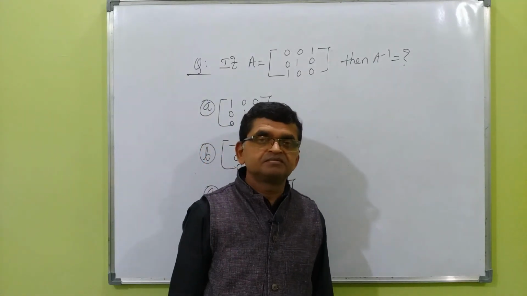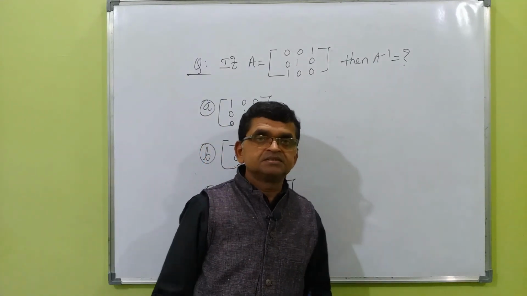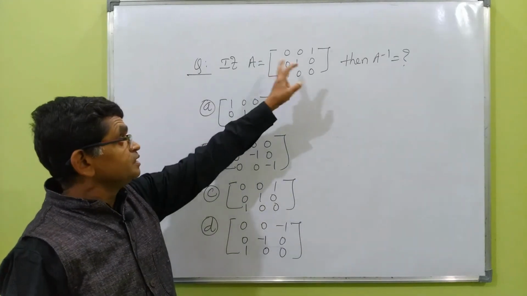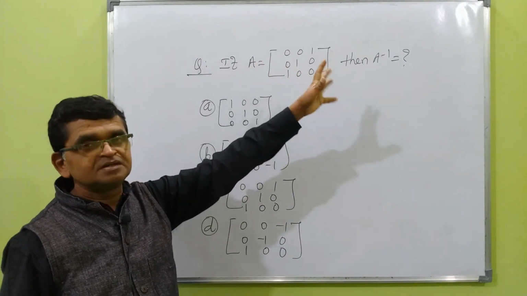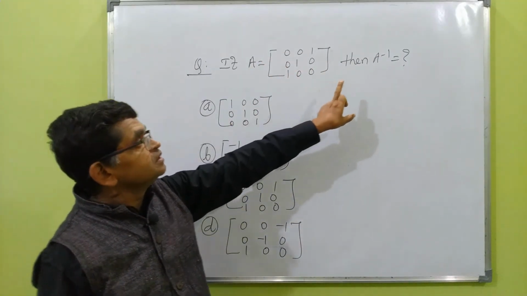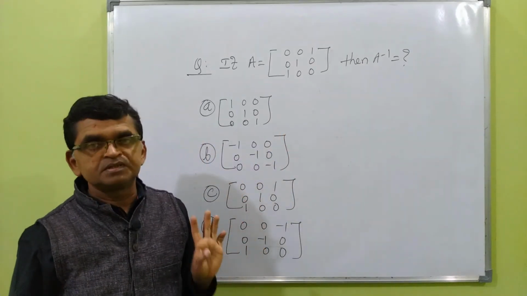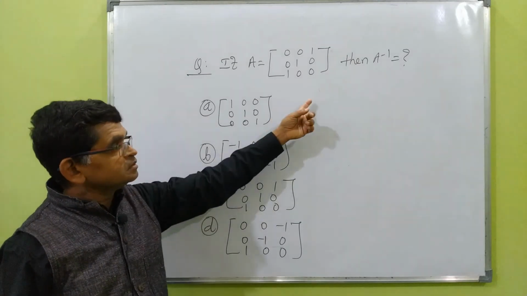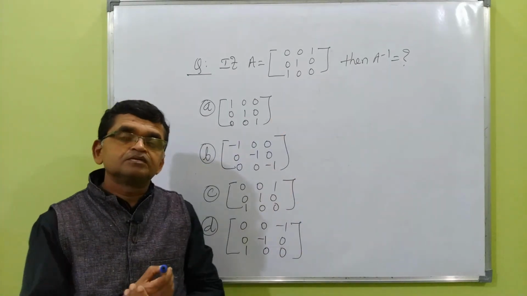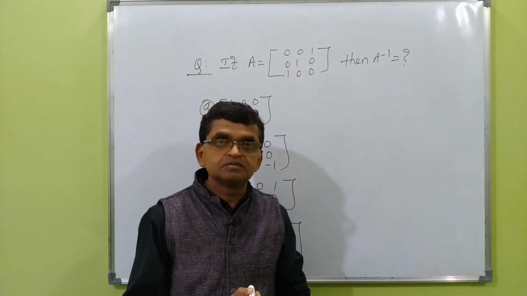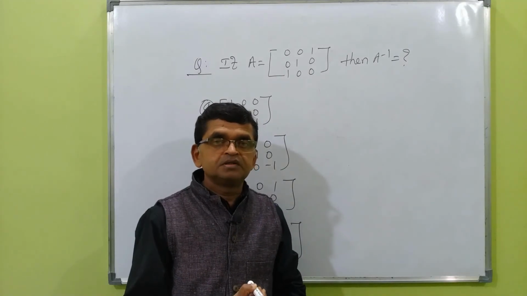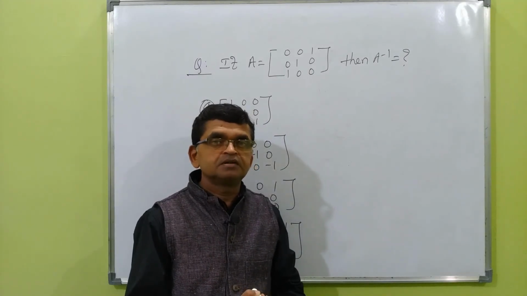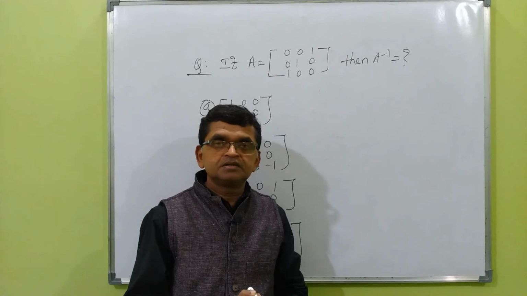Another question on matrices is, if A is this matrix, this is asked in NDA exam, then A inverse is how much? Very simple example. In the first method, or traditional method, if you want to solve, you have to find the determinant of A and then the adjoint of A and then take the ratio.